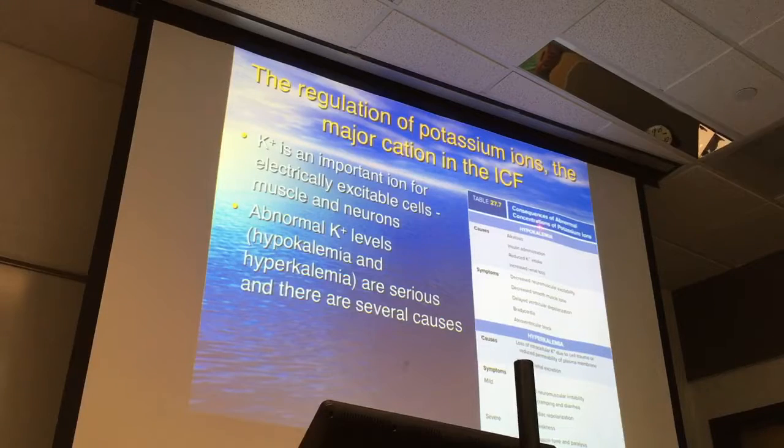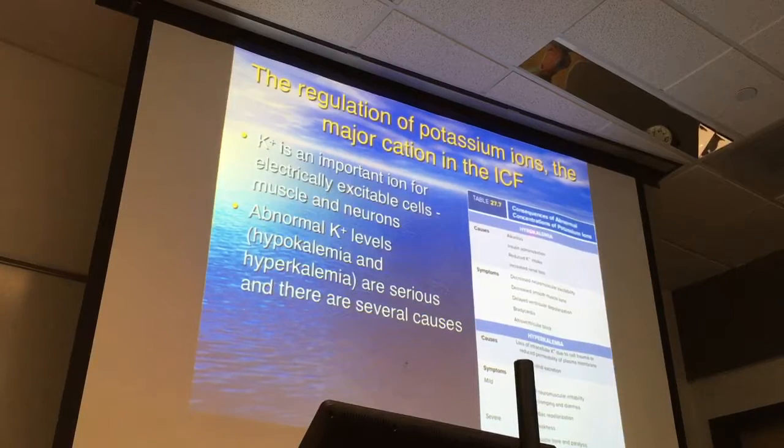It's going to affect electrically excitable cells, which would be muscles and neurons. These are the causes, and these are the effects: decreased neuromuscular excitability.